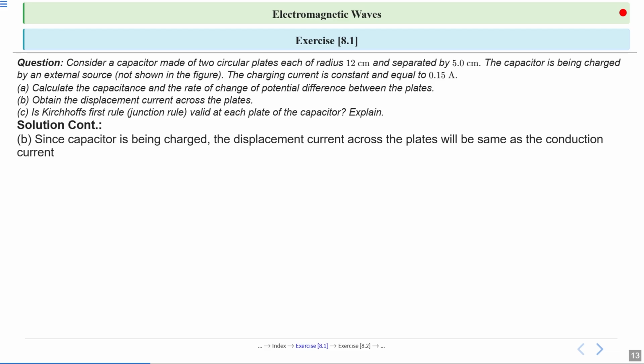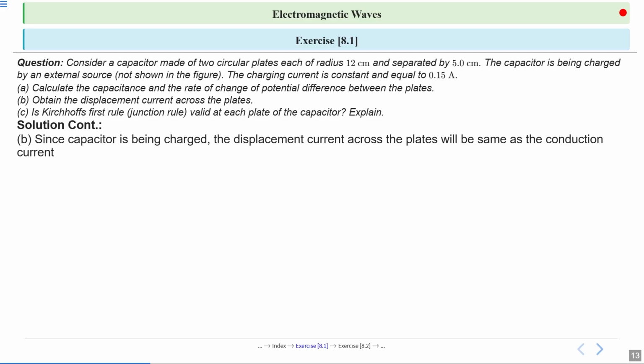Also the conduction current will become zero, because a fully charged capacitor will offer infinite resistance, infinite opposition, to the flow of DC current.